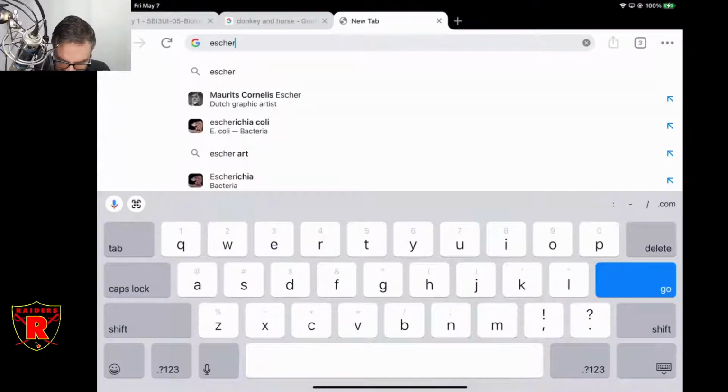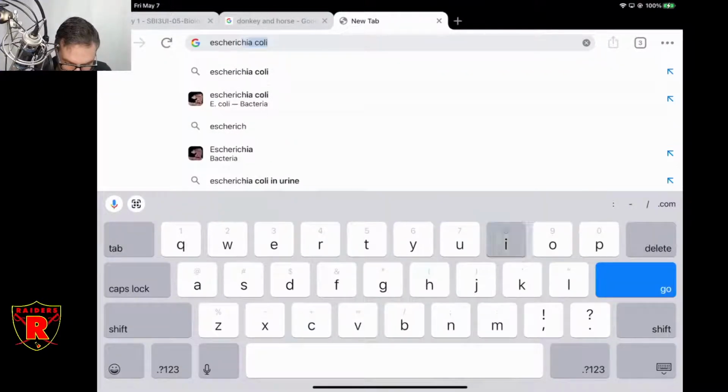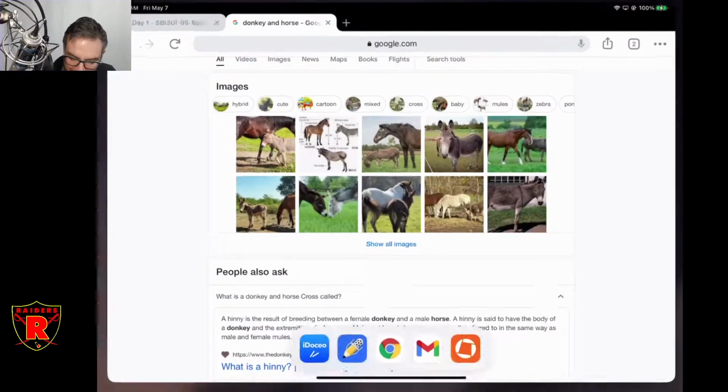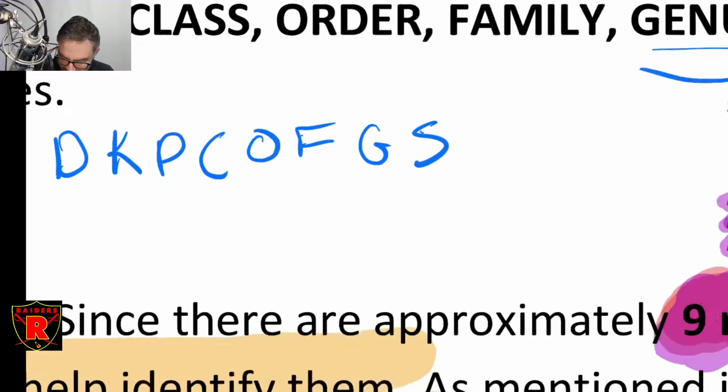Oh, this is wrong. Was I close? Oh, I'm even pronouncing it wrong. Escherichia. There we go. That's the E in E. coli. So a lot of people short form that down to just E. It makes your life a little bit easier.